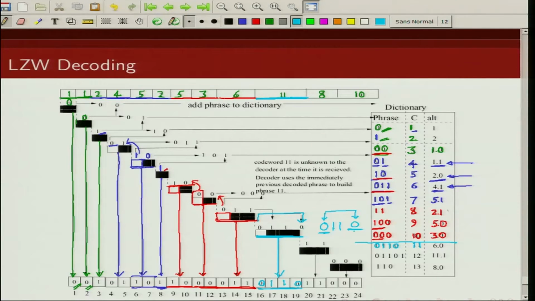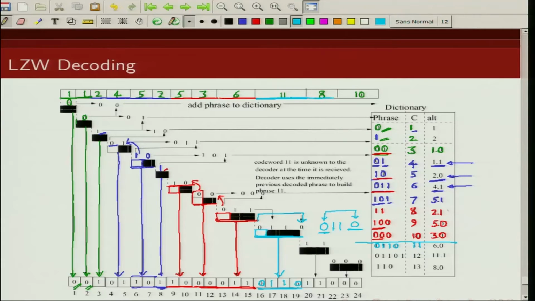Now this new symbol has to be the first bit of the next decoded sequence. So the innovation symbol here has to be 0. And that's why this string corresponding to code word 11 should be of the form 0 1 1 0. So we have decoded this.